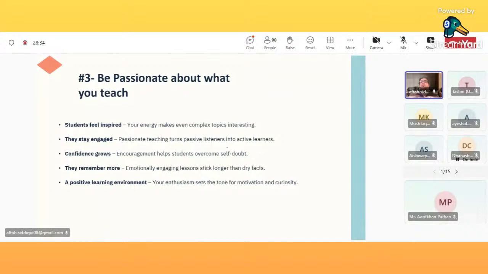The way you teach, your tonality, your body language. There is a famous psychologist who says that only 20% is our verbal communication, and 70 to 80% is what our body speaks. The way you deliver the lecture, the way you engage with the students.